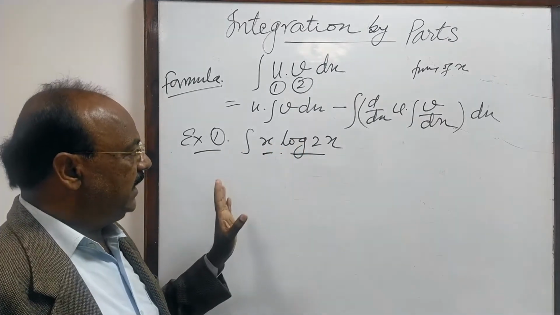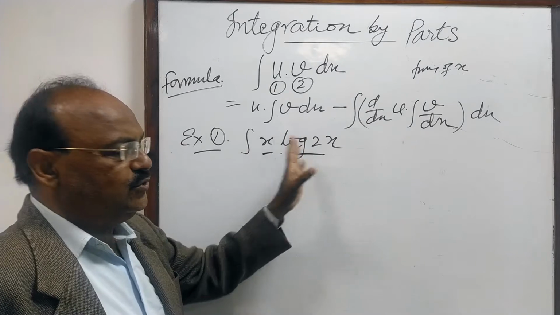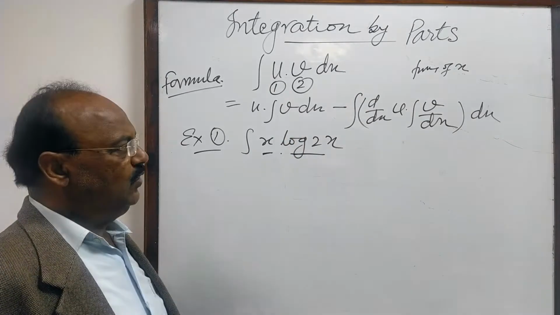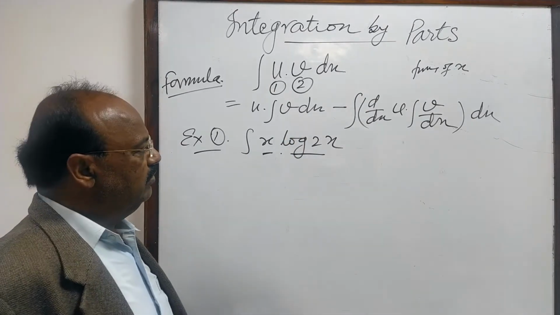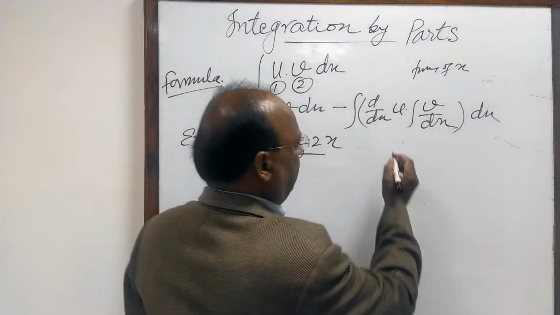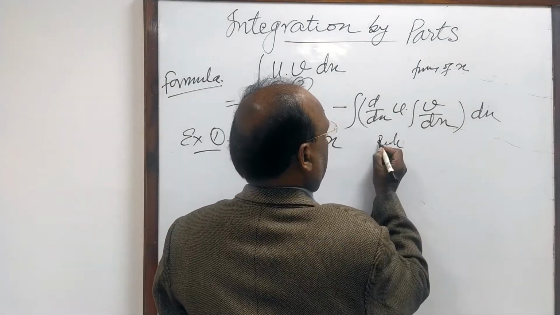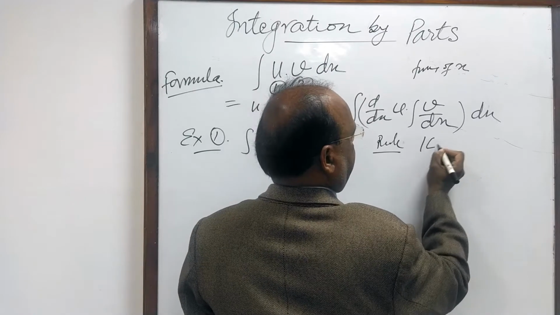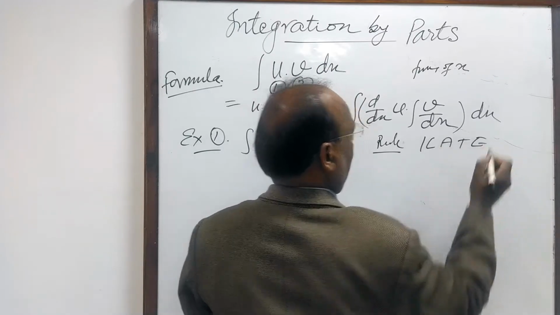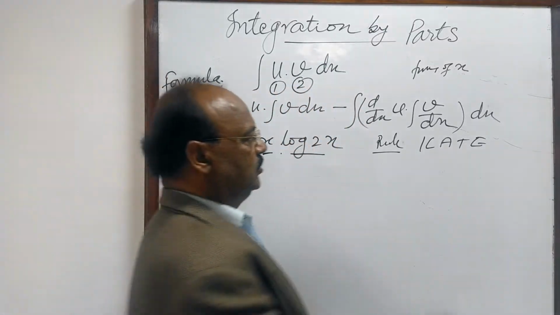It doesn't matter whether x is written first or log 2x is written first. So you have to decide which one of these two functions will be the first function, and for this decision it will be very useful to understand a rule which is known as ILATE.